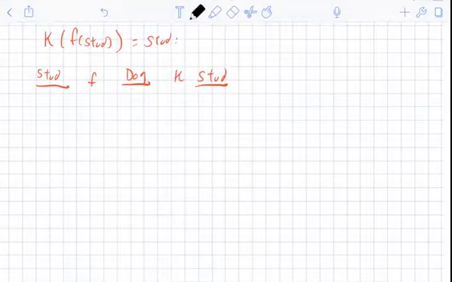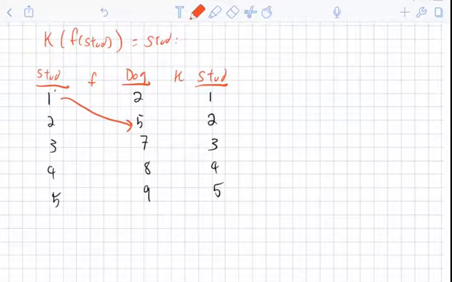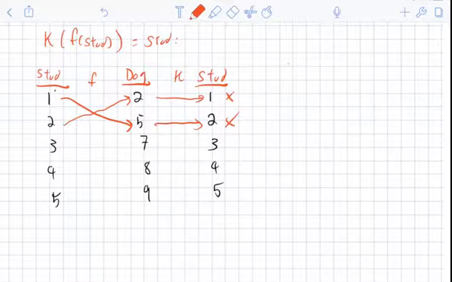All right, 1, 2, 3, 4, 5, 2, 5, 7, 8, 9, 1, 2, 3, 4, 5. All right, let's test it. So 1 goes to 5, and 5 goes to 2. 2 goes to 2, and 2 goes... All right, so this definitely is not inverses.